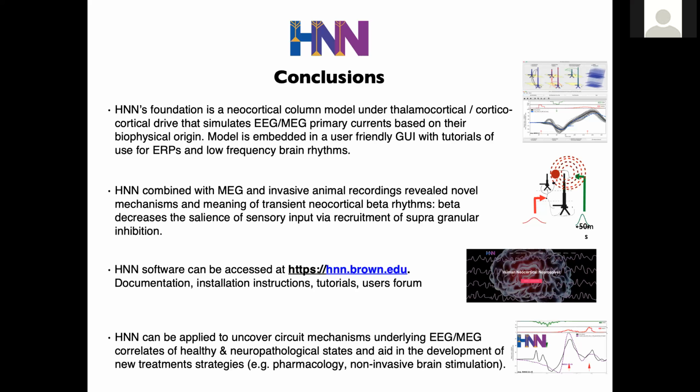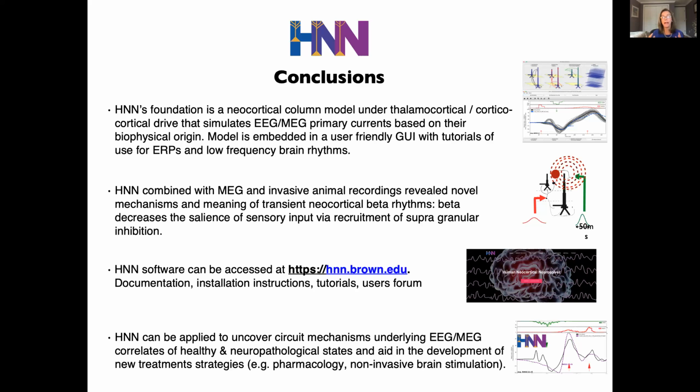Another question: how sensitive is HNN to the number of EEG, MEG sensors? Would it give reasonable results from 4 to 8 sensors already, or is beamforming with 64 plus sensors needed? That's a really good question, and it really depends on the experimental paradigm. But one thing I want to make clear is that when you first hear about HNN, it's hard to get your mind around.